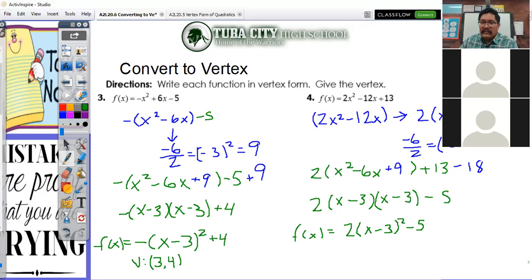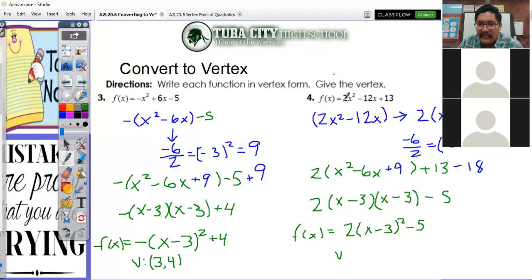And we simplified our x minus 3 number so that we get only one x minus 3, but it's squared. So it tells us we still have 2 of them. But now it's in vertex form.